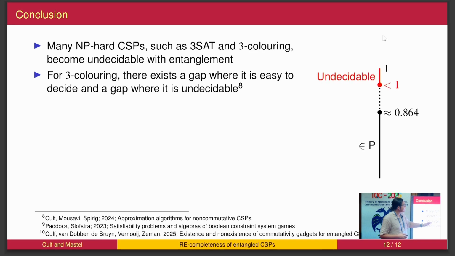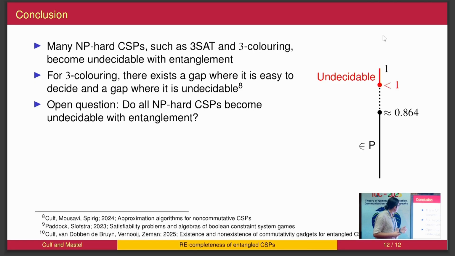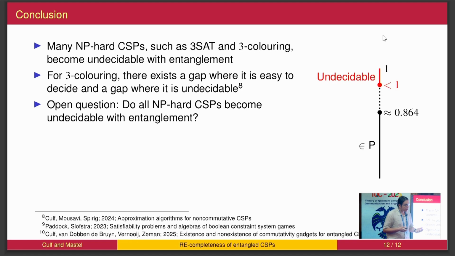So there's this very strange sort of hardness of approximation regime where up to a certain gap size, it's actually in polynomial time to find the value of 3-SAT, and above a certain gap size, it's undecidable. So in between there, I think it's an interesting place to ask what happens. Is there a sharp jump from polynomial time to undecidable, or does it go through a lot of complexity classes along the way? And then I'll finish with a few open questions, a little bit of recent work in this direction.